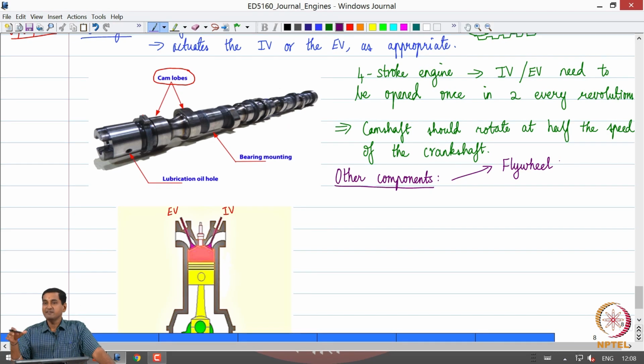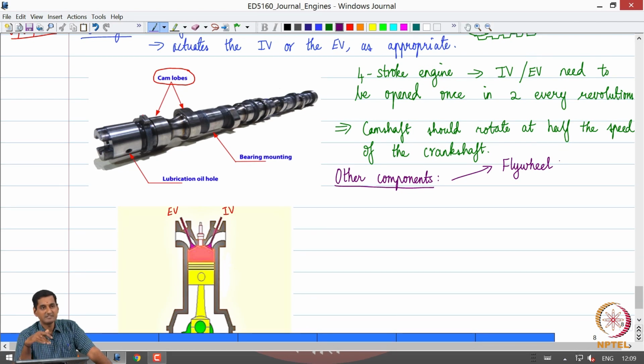A flywheel is nothing but a mass which is attached to the output of the crankshaft. The crankshaft is the link which comes out of the engine, and it provides the tractive effort to drive the wheels and propel the vehicle. So, a flywheel is typically attached to the end of the crankshaft to ensure that any torque fluctuations due to the combustion process are smoothened out.